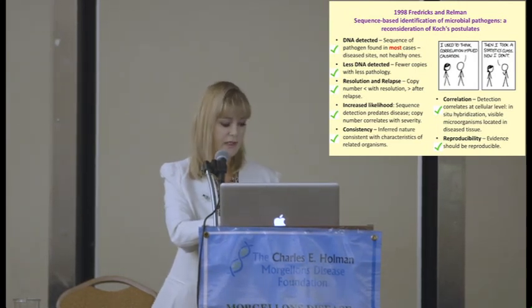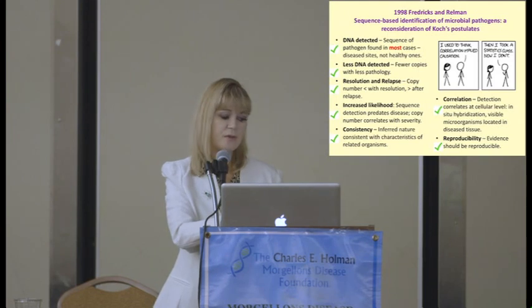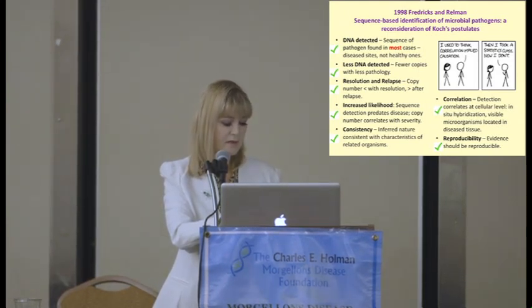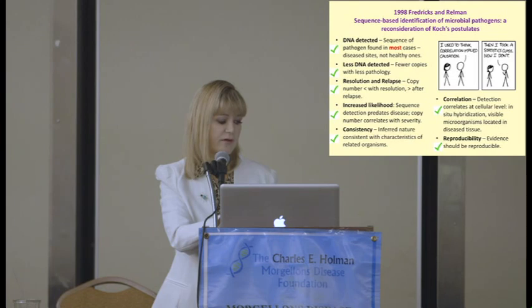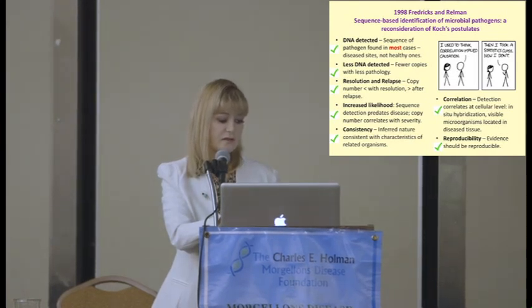With clinical relapse, the copy number should increase. Four, when sequence detection predates disease, or if the sequence copy number correlates with severity of disease or pathology, the sequence-disease association is more likely to be a causal relationship.